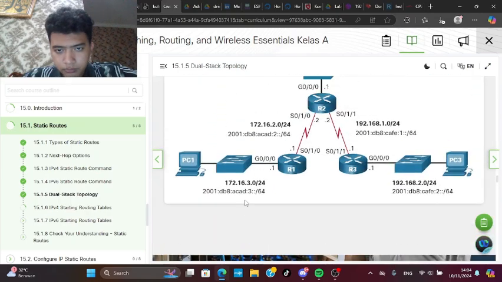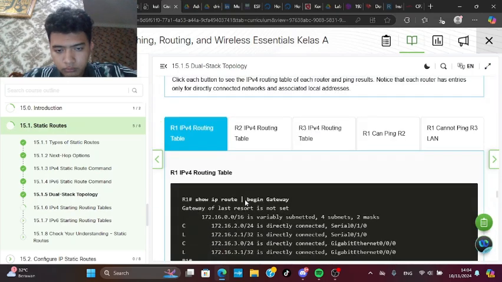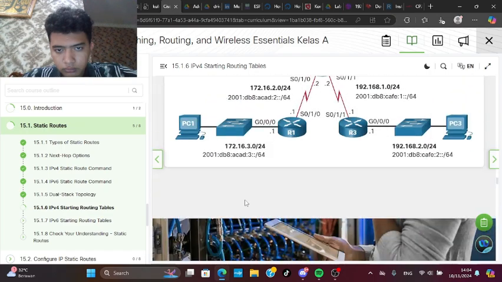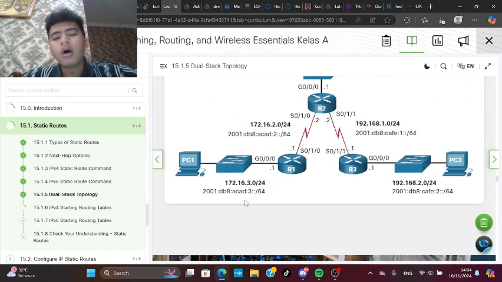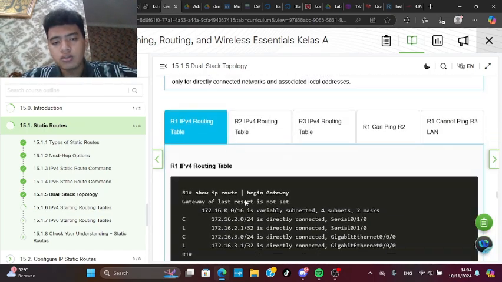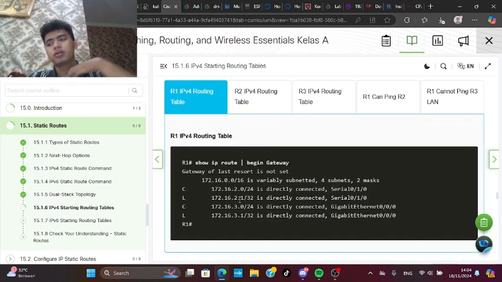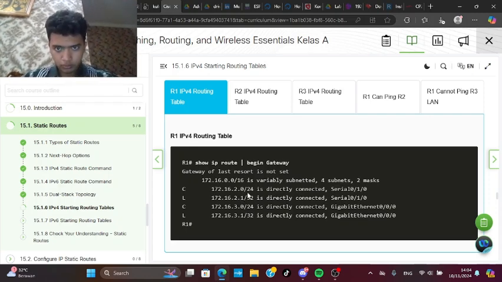So this table shows the routes for each of router 1, router 2, and router 3.